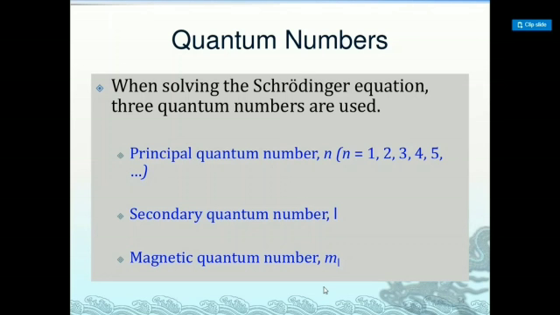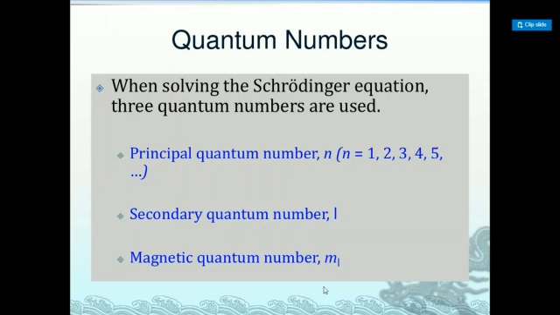Here the principal quantum number, azimuthal quantum number and magnetic quantum number are interrelated. Principal quantum number is n, then azimuthal quantum number is l. L is equal to 0 to n minus 1. That means if n is equal to 1, then the value of l is 1 minus 1, that is 0.